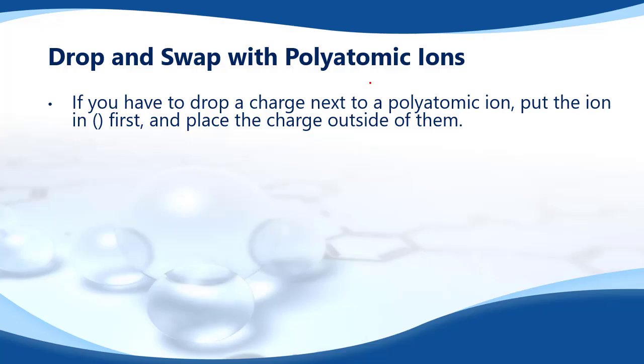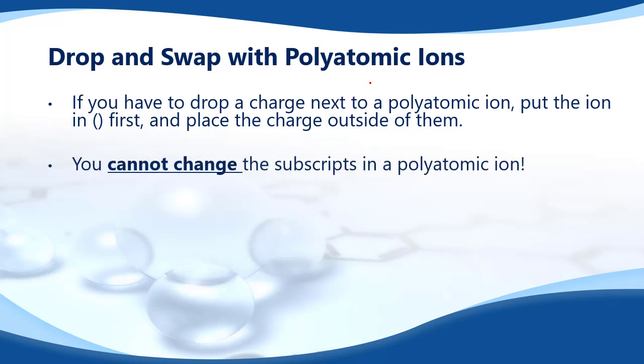One other thing to keep in mind is that the formula for the group cannot be changed under any circumstance. So if I had, for example, the oxalate ion, C2O4 2-, I can't reduce the 2 and 4 down to smaller ratios. They have to stay as they are always. You use parentheses, you do not affect them at all.